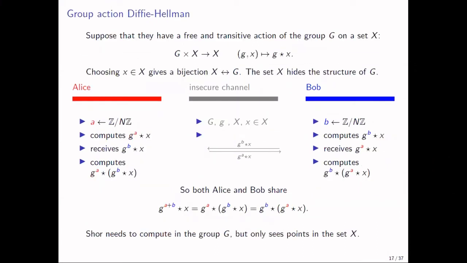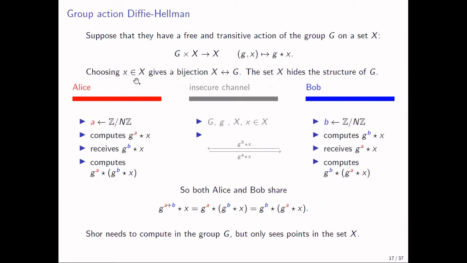Suppose that Alice and Bob not only have this group and the generator, but they also have a free and transitive group action. A free and transitive group action just takes an element of the group and a point in a set, and produces another element in the set. What makes it free and transitive?